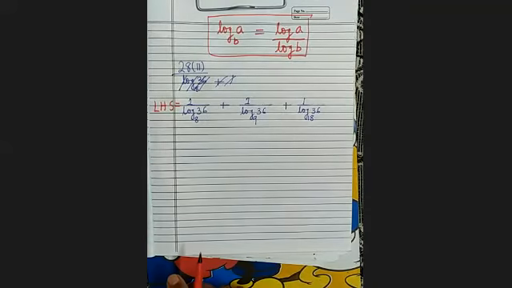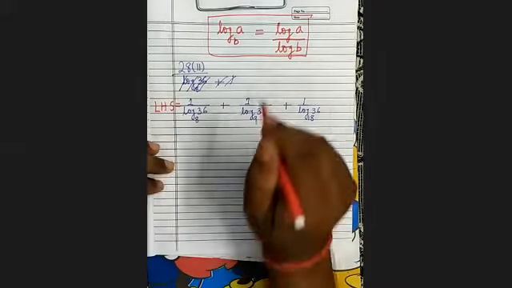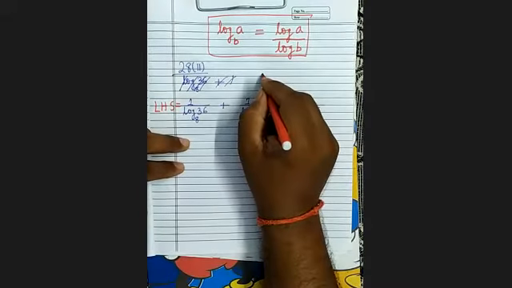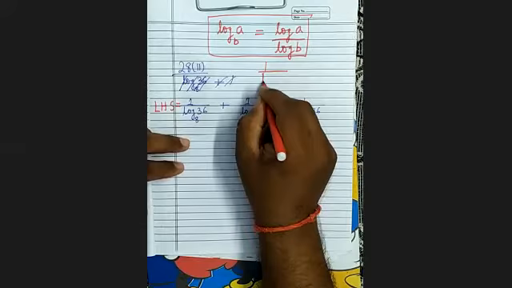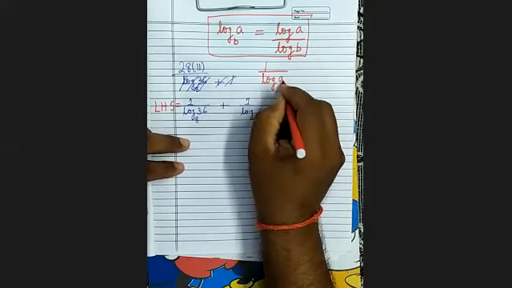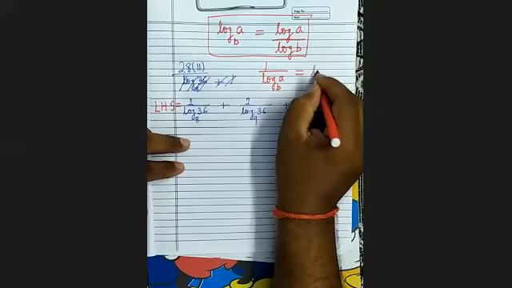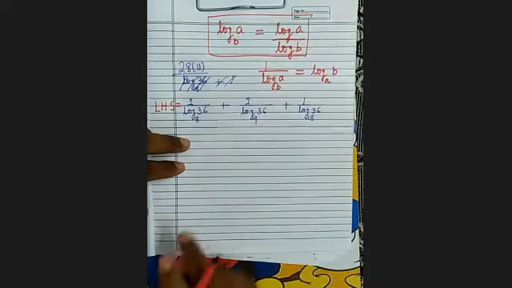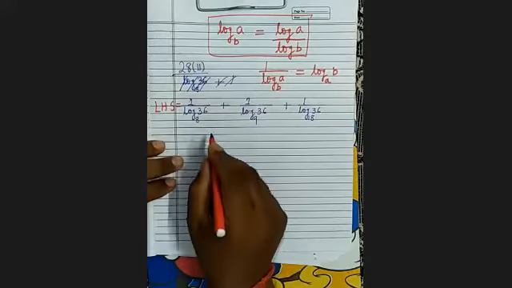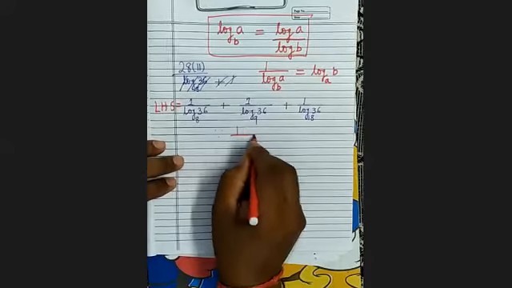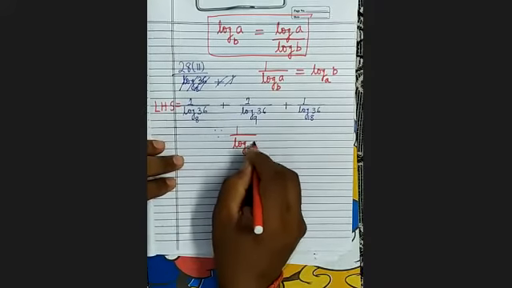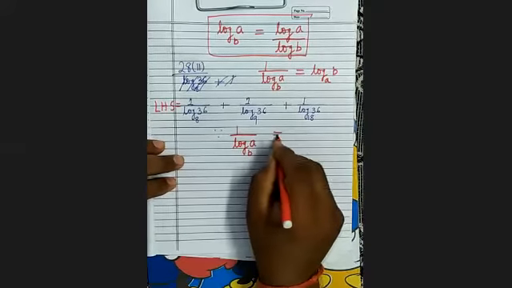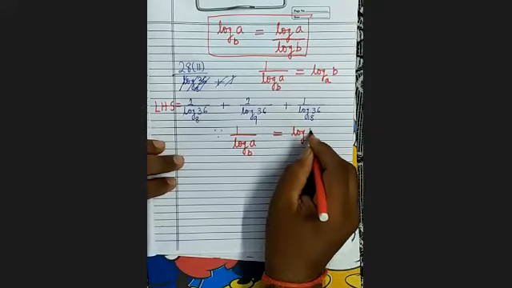It's clear? So see here, there is one more formula that you should also remember. 1 upon log A to the base B equals log B to the base A. Here we will use this formula.